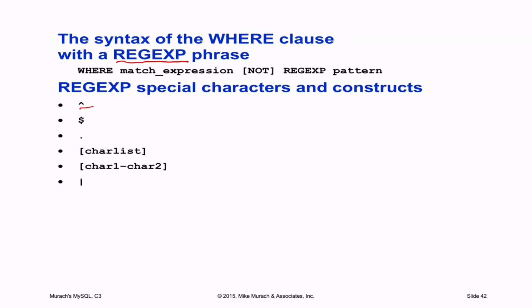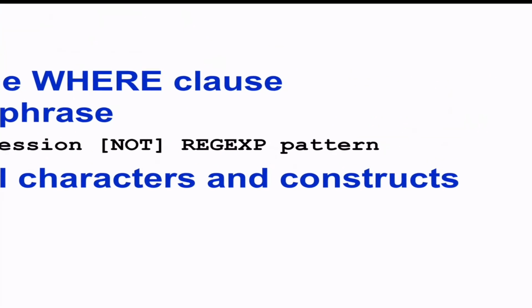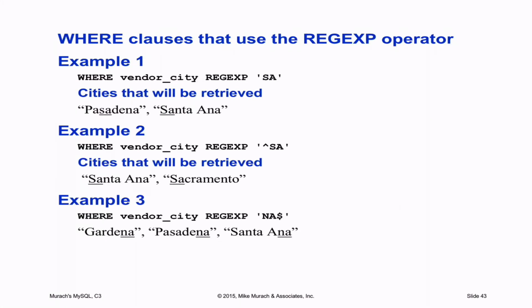Just be aware when you see things like the caret, the dollar sign, the dot, character lists or ranges of characters, or the pipe symbol. You can use some regular expressions in your queries. We're not going to be doing any of that in our examples, but it's here if you're familiar with regular expressions and how to build them.